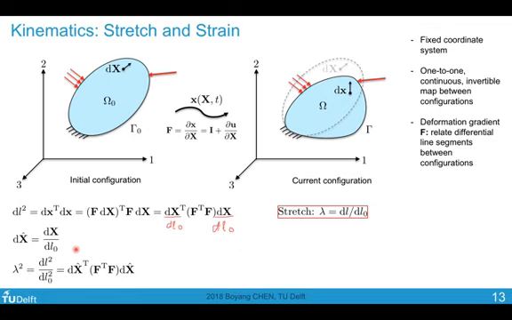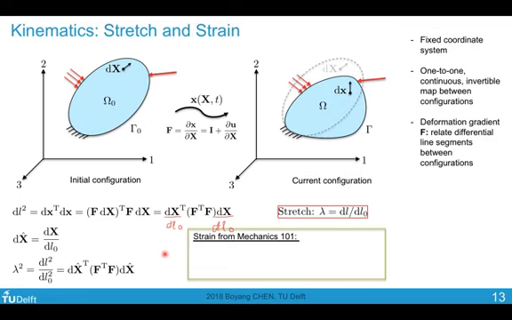So after I have the expression of lambda squared with quantities like the unit vector dX hat and the deformation gradient, I can define, based on stretch, the strain. And in our mechanics course year 1, the very basic strain that we define is simply lambda minus 1.